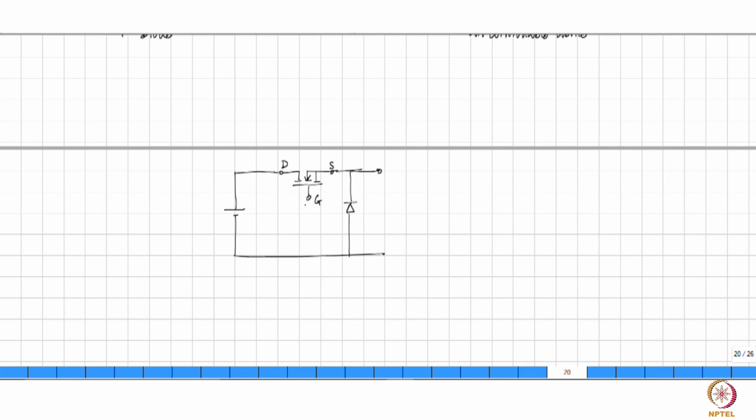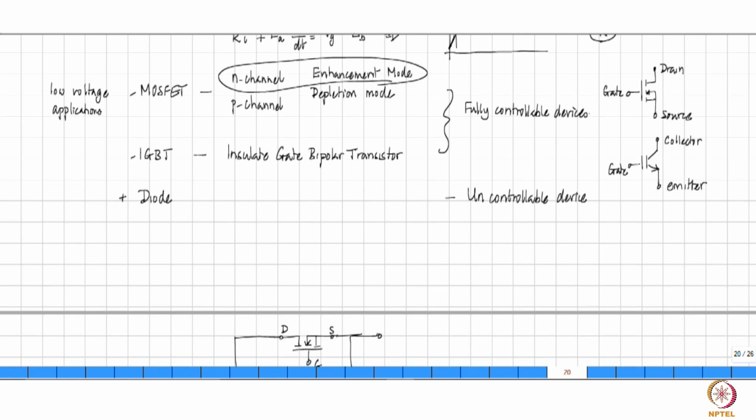The FET is operated by applying a suitable voltage across gate and source.